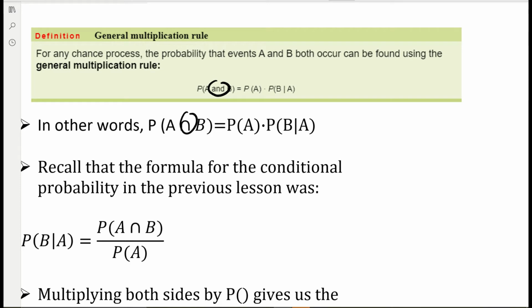So we have P of A intersect B is equal to P of A times the probability of B given A. Remember that this is the conditional probability right here. And that is the multiplication rule. So you basically multiply the probability of both events occurring.